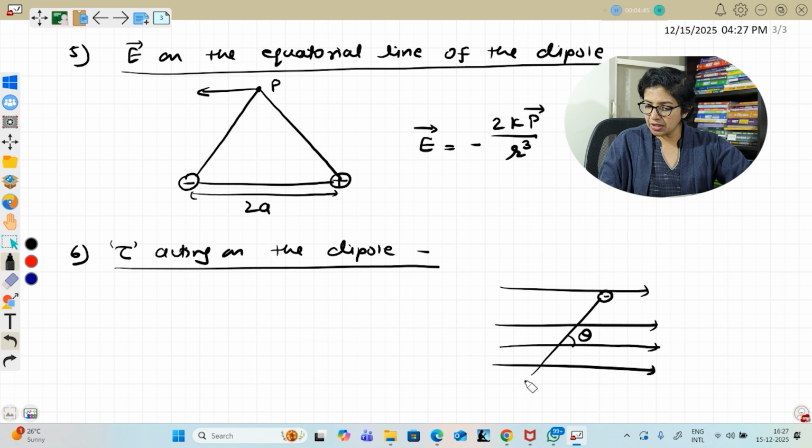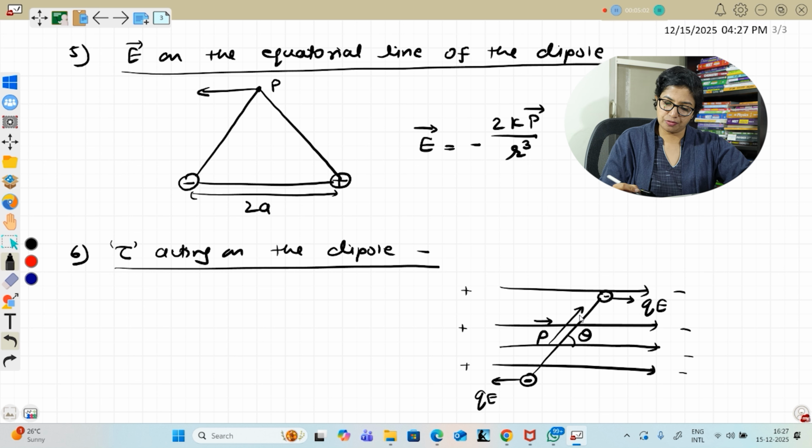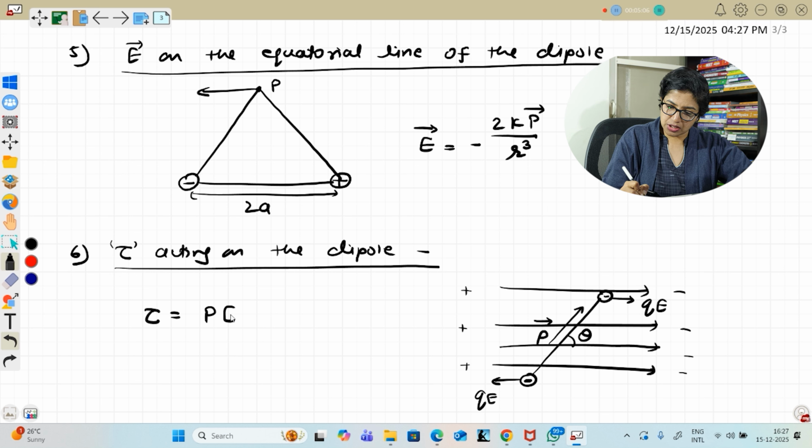Here you must take the negative charge, because the field always acts from positive to negative direction. So the force acting on it will be in this direction. This is QE and this is QE. The direction of the electric dipole moment will be from negative to positive. So the torque formula which we derived was PE sine theta.